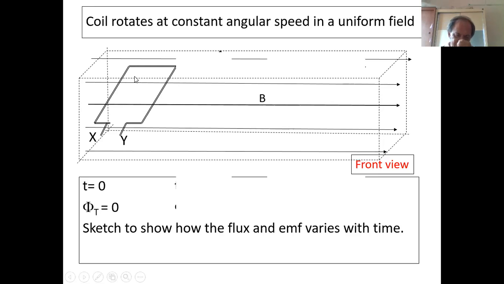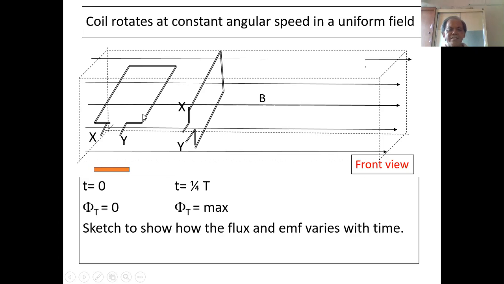This is horizontal coil. Okay, at time t equals 0, flux linkage is BAN 0, right? No area. If you look from the front view, then it's just horizontal like that. And after that, it rotates to vertical.